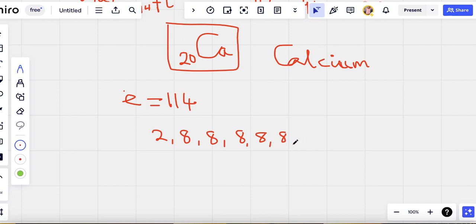Counting 1, 2, 3, 4, 5, 6, 7. 8 times 6 is 48. I think it will have to be in period 7. So we say period 7.